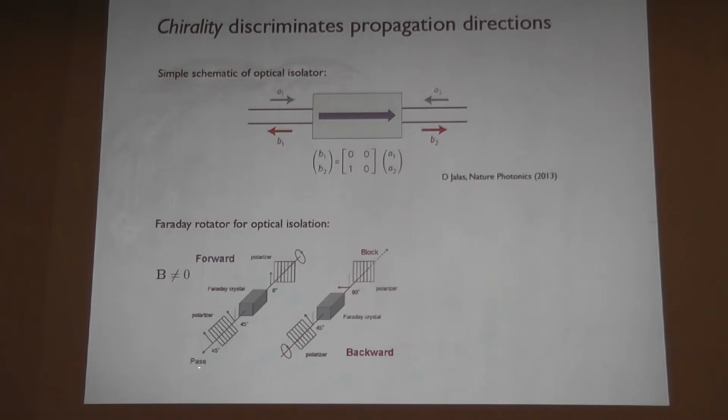So it passes right through. However, because the magnetic field picks a chirality, it rotates the light in a particular direction. So if I come in the backward propagation direction, it blocks it. This is one way of achieving isolation in these optical systems.